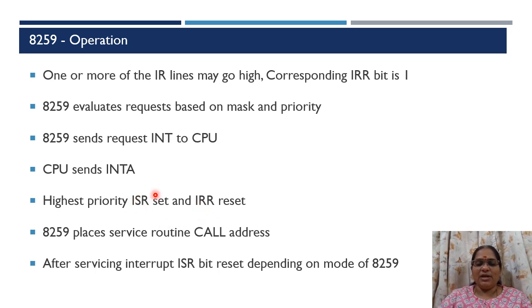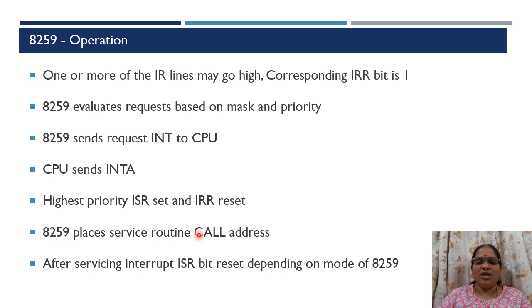Once a particular interrupt is being serviced, you cannot accept a request from the same location, so the request register will be reset. Once it is being serviced, the request will be reset. If I identify a particular interrupt to be serviced, I identify the interrupt vector address corresponding to that interrupt. If IR1 is to be serviced, there is a table available where the address of the program corresponding to IR1 is stored.